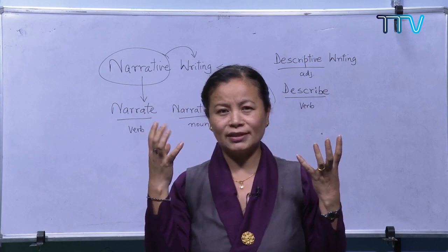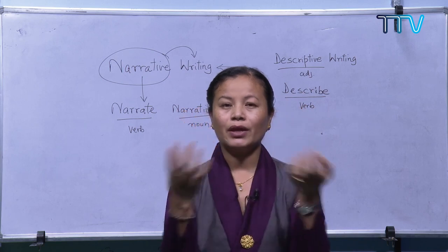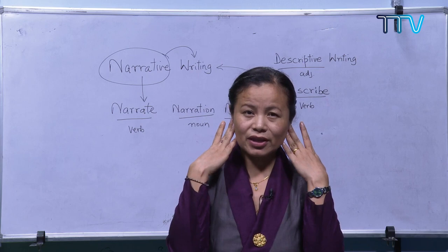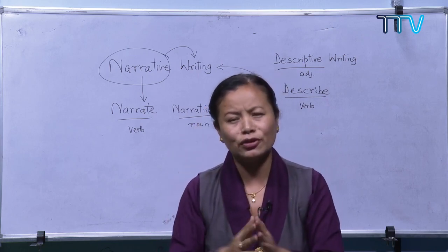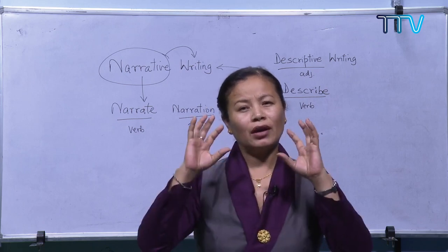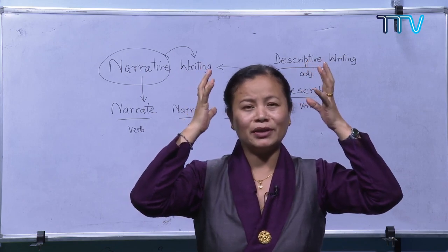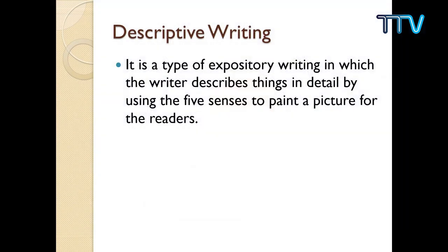Your visual, that's something that you can see in a way. Then your olfactory senses, your auditory senses, where some you can feel as well. So all your 5 senses are used in order to help the reader form a picture in the mind. So descriptive writing is a type of expository writing, but all expository writing may not be descriptive writing. Does that make sense?